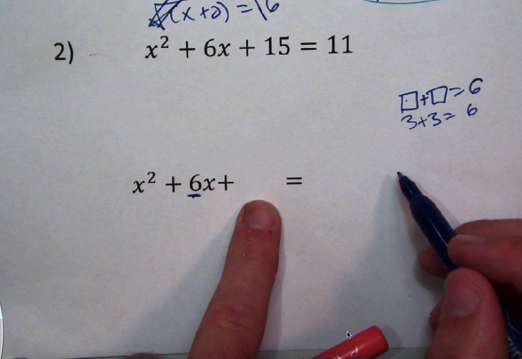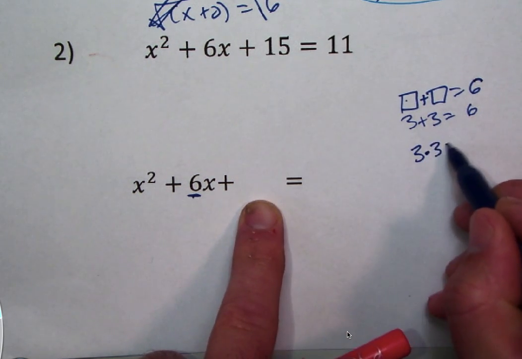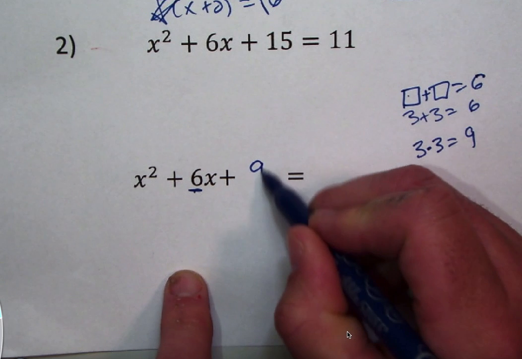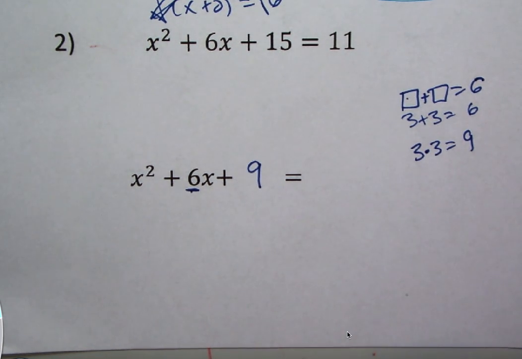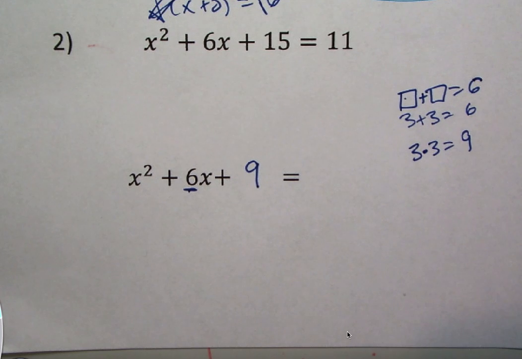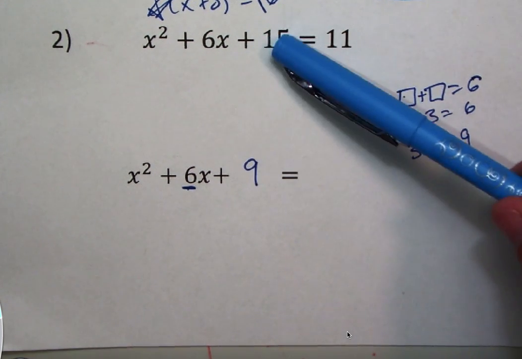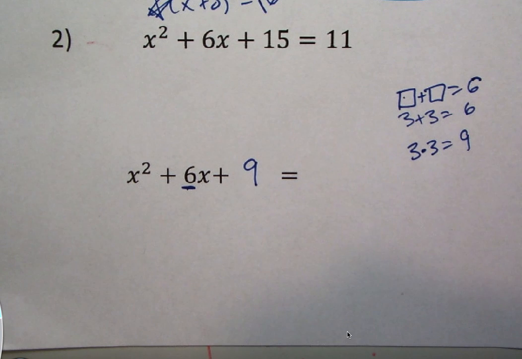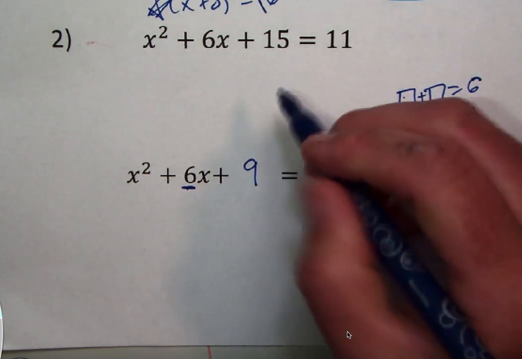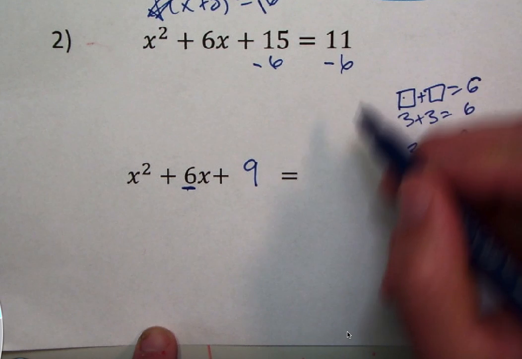Okay, so this, to make it a perfect square, would have to be 3 times 3, which is 9. But it's a 15. I really wish it was a 9. Well, is there anything we could do to both sides that would turn this 15 into a 9? Well, yeah, I could just take away 6 from 15, and that would turn it into a 9, but I've got to do it to both sides.